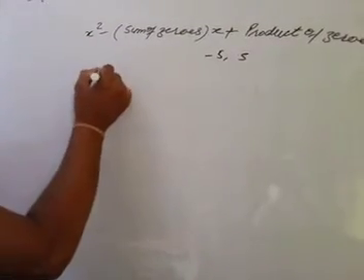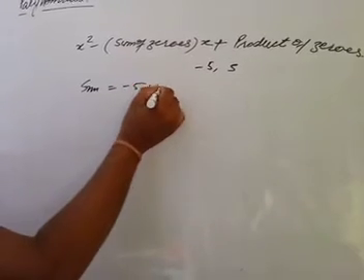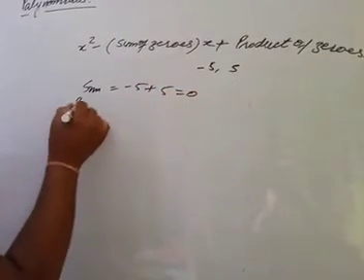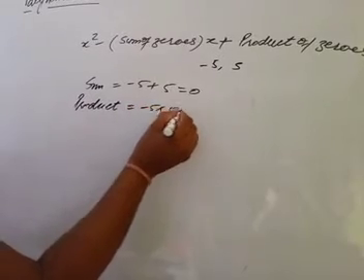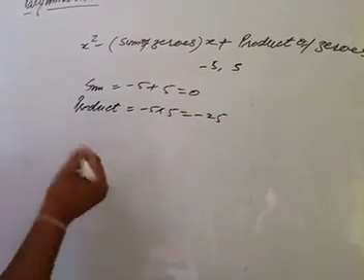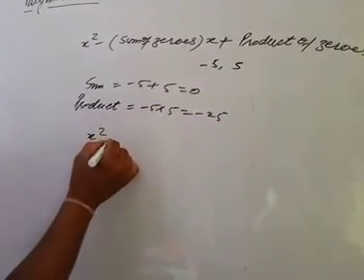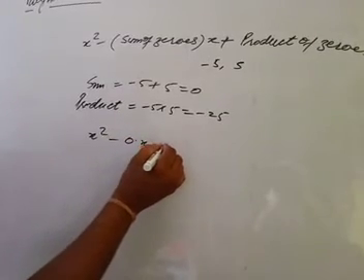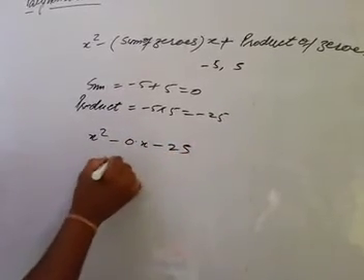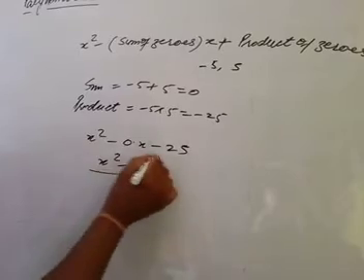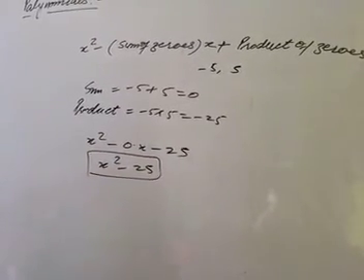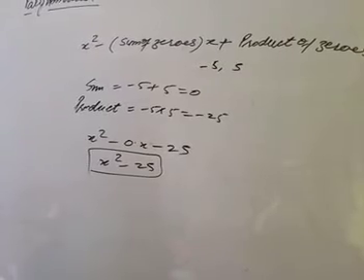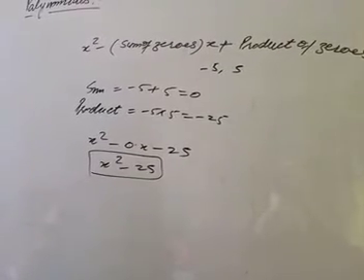Here the sum will be minus 5 plus 5, that is 0, and the product will be minus 5 into 5, that is minus 25. Now the polynomial will be x square minus 0 into x minus 25, so x square minus 25. This was the solution. In this way we have to find the polynomials.